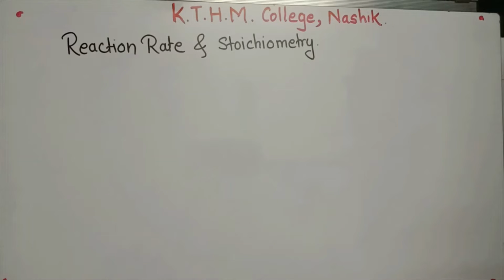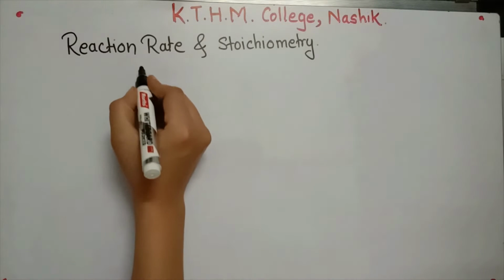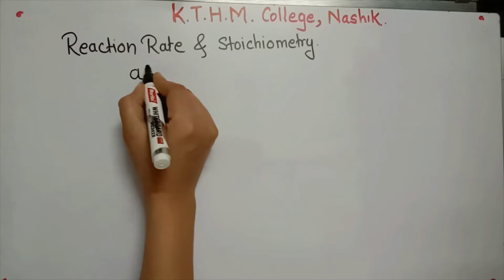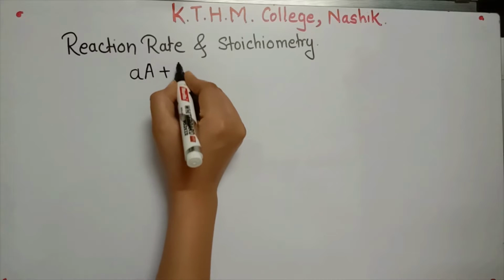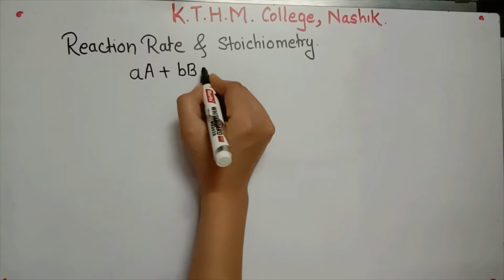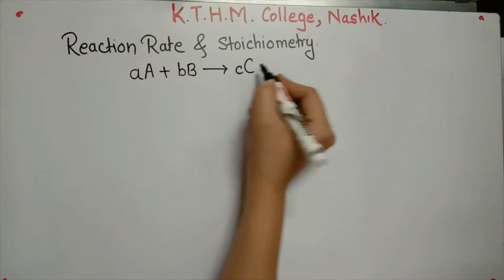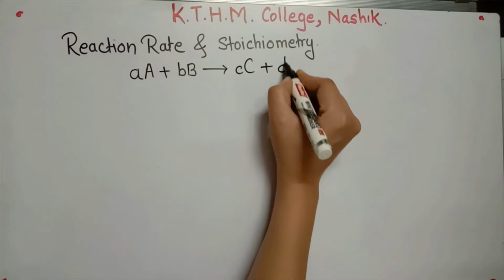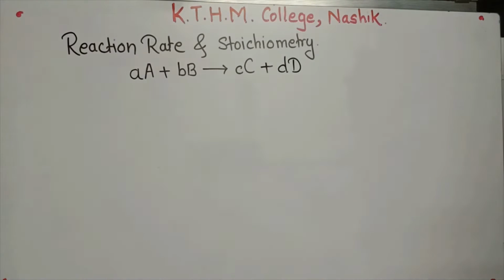In the previous lecture, we have seen the reaction rate and stoichiometry. In that, we have basically taken an example that A plus B gives C plus D as a product.